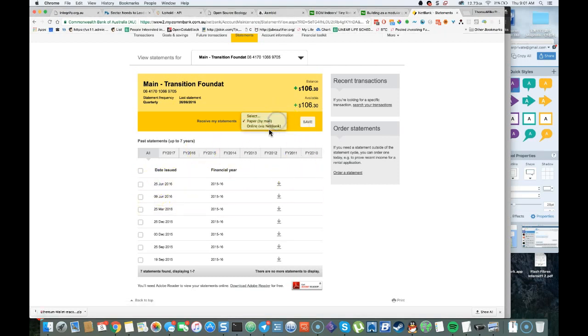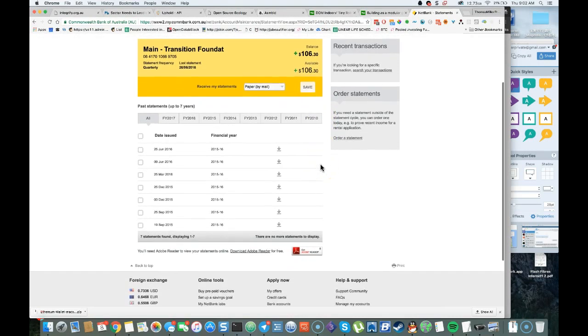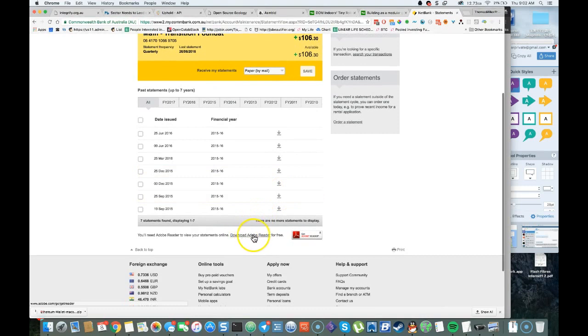So there are paper by mail, but there should be several, and online via net bank. Oh no, it's the settings of your account. Do you see? When you download it, it downloads in Adobe. So it doesn't let you choose what kind of statement you want to have. So you just see the statements for the period of time, right?